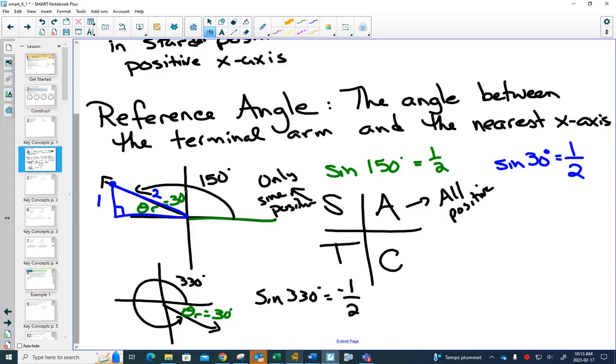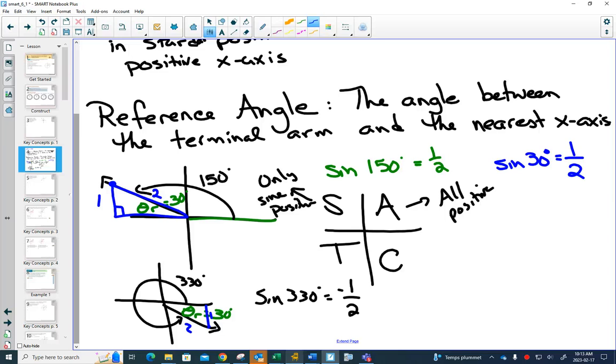Because if I make a triangle here, I could choose any point on there. If I choose where this length is 1, can you see that this will be the identical triangle to this other one in quadrant 2, just flipped and put in a different spot. The angles are all the same. And if I chose a point where the side length was 1, the sides would all be the same. Those triangles would be identical. So that's the reason why sine of 150 and sine of 330 give you the same value on your calculator.